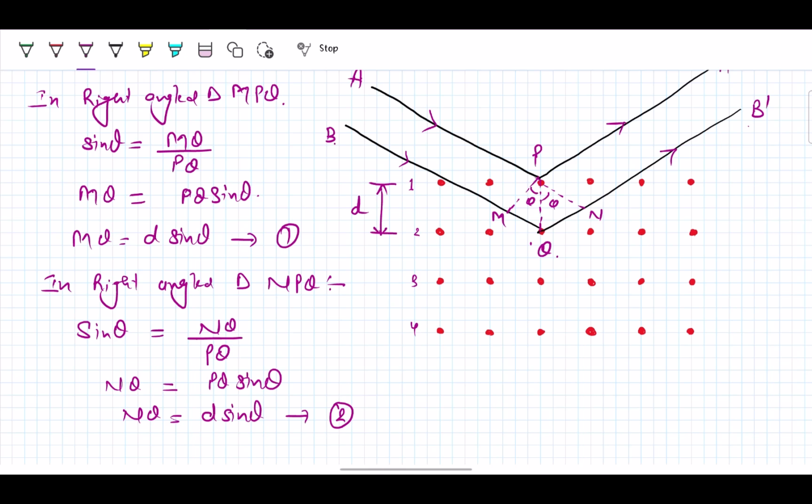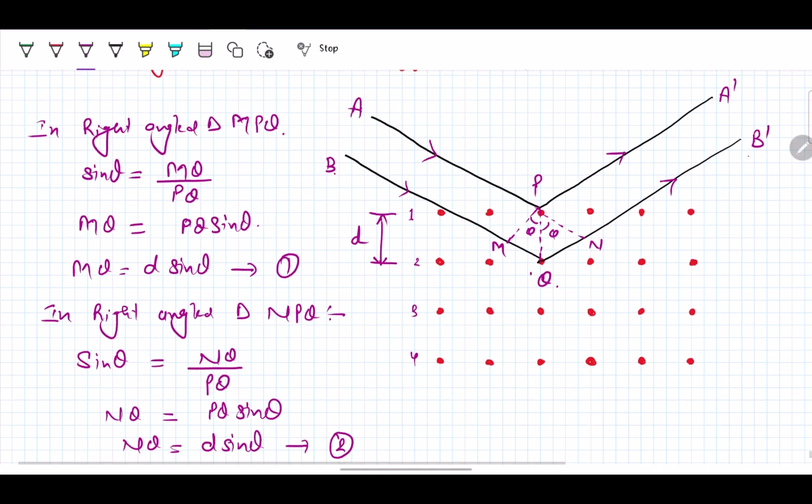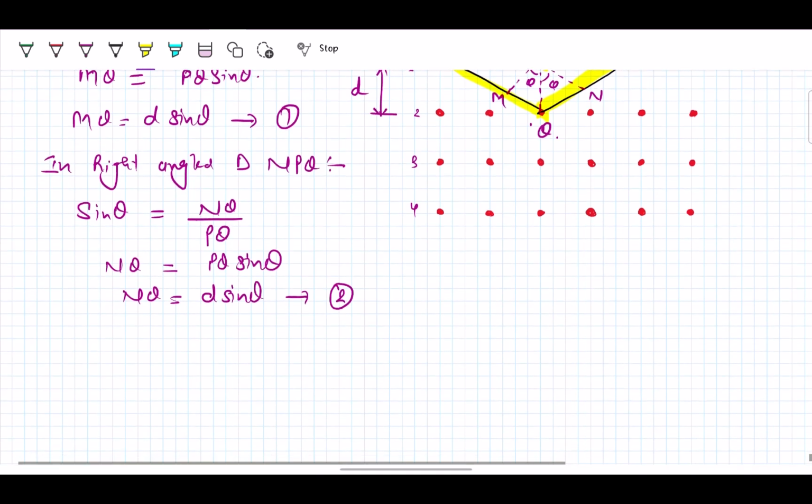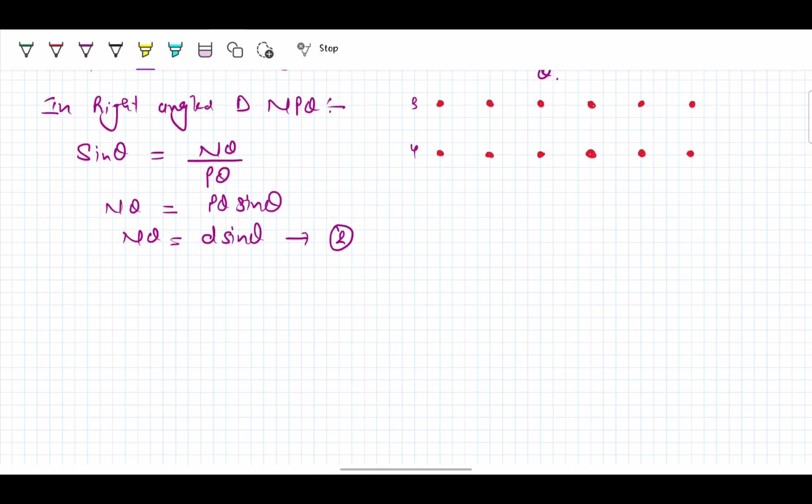We know that if the path difference between beam A and beam B is an integral multiple of lambda, then it is constructive interference.